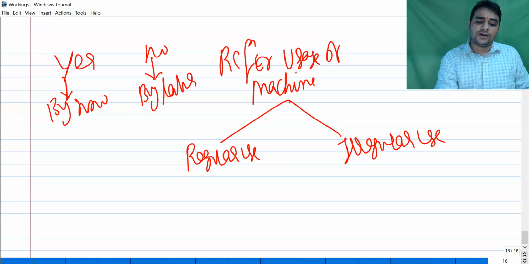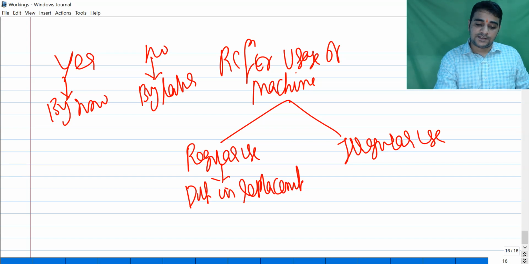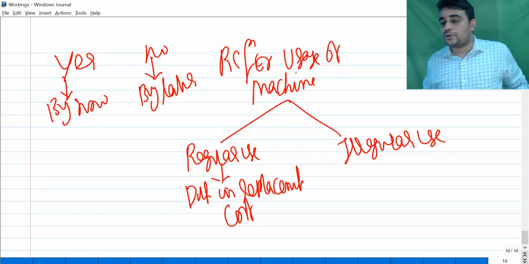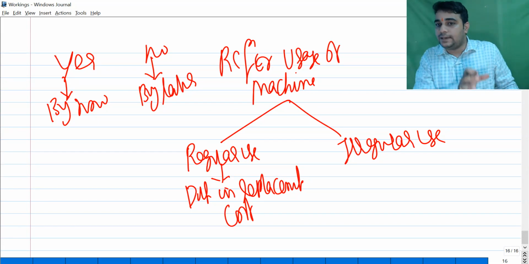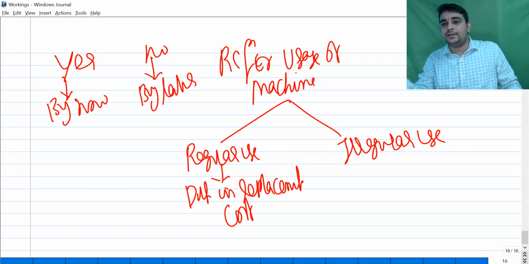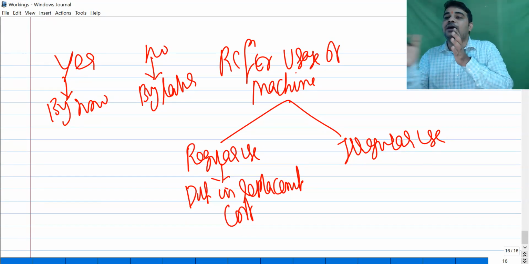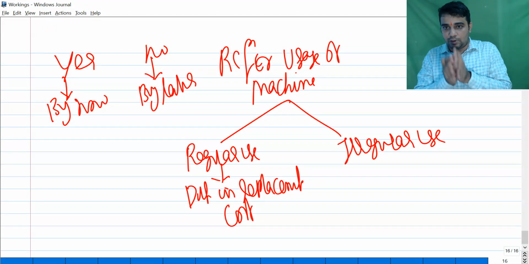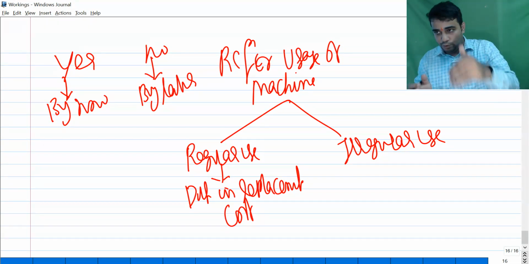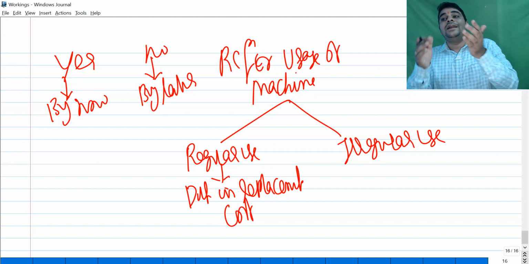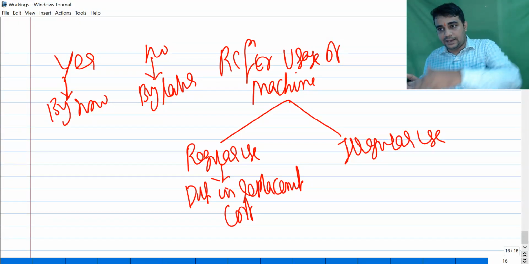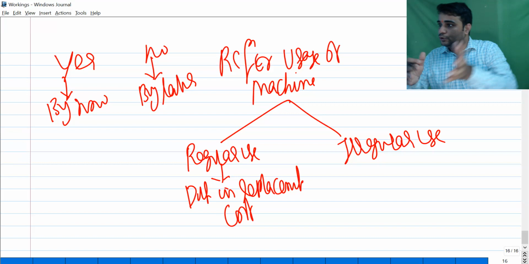So for relevant cost here, it is the difference in replacement cost. The question will say, today if you buy, it is 30 lakh rupees, and if you buy it a year later, it is 25 lakh rupees. Buying a year later does not mean it's a brand new machine. It is the same condition of the machine. What you need to logically think is, you buy a machine today for 30 lakh rupees, and after a year this machine would be released by the company and used for some other contract.